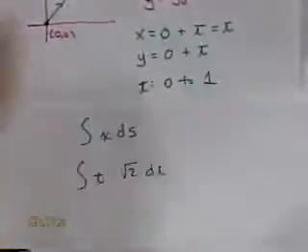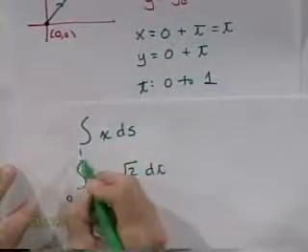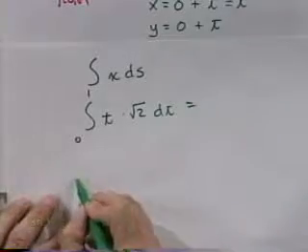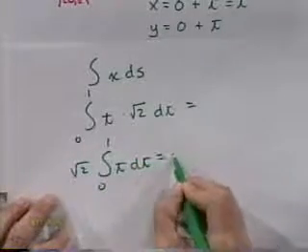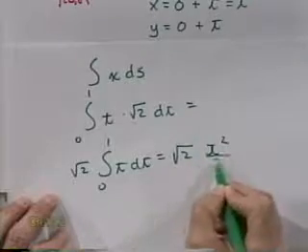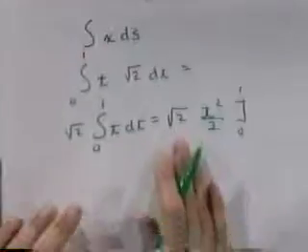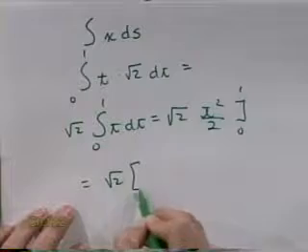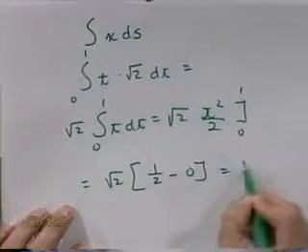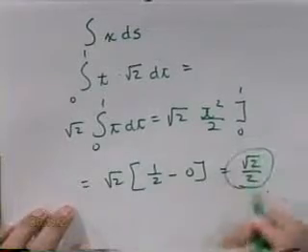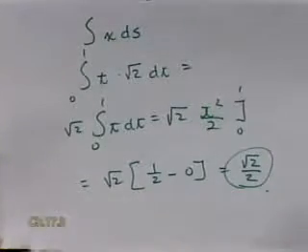And we have t ranging from 0 to 1. So quite simply, this is the square root of 2 times the integral of t dt from 0 to 1, which is the square root of 2 times t squared over 2 from 0 to 1, which gives us the square root of 2 times 1/2 minus 0. So we have the square root of 2 over 2 for our integral.